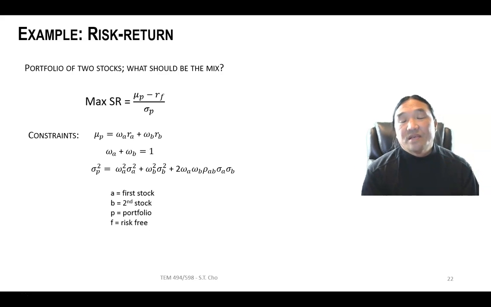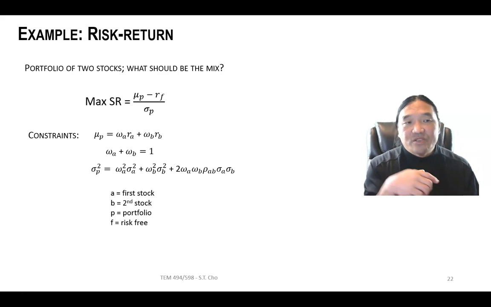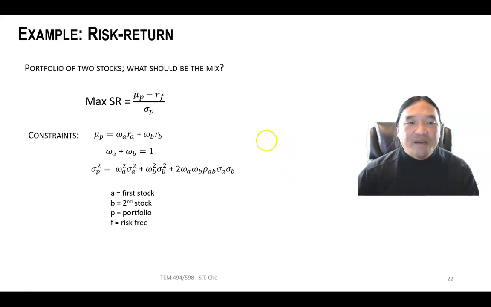Investors use optimization, and what they try to do is balance off risk return. The way they determine what to optimize is called the Sharpe ratio, and that's the return divided by the variance, or I should say standard deviation. So P means my portfolio. This is my expected return minus, and this is the risk-free rate.